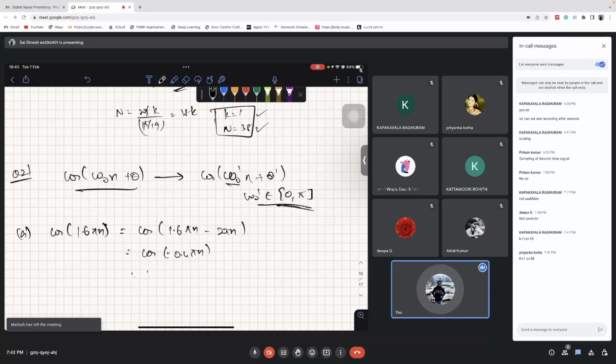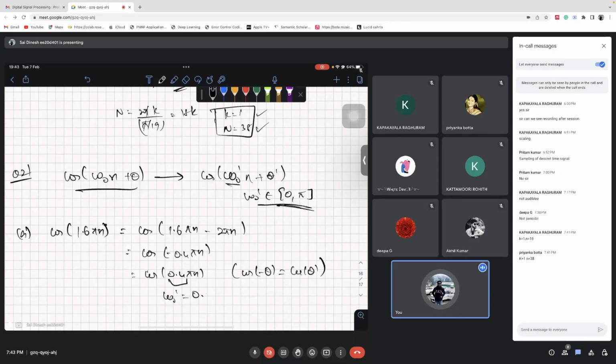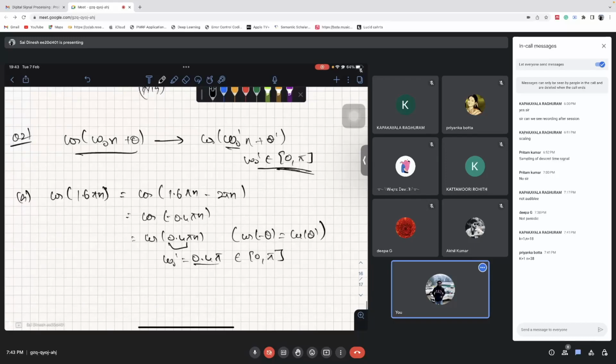But this should be equal to cos 0.4 pi n, since cos of minus theta equals cos theta. So now we have an omega naught dash of 0.4 pi, which is in the range of 0 to pi.